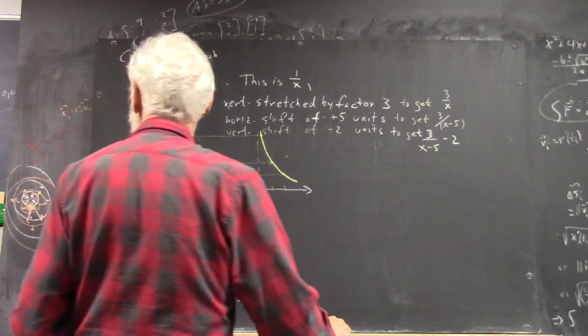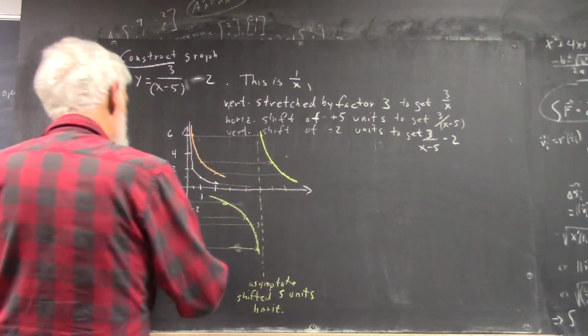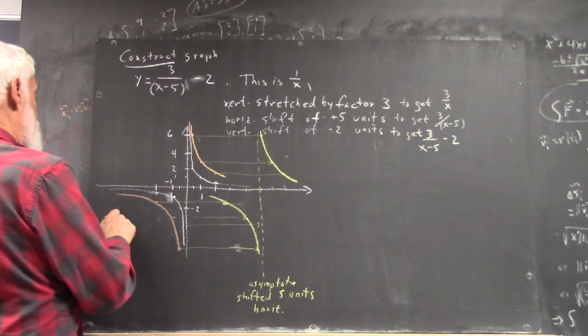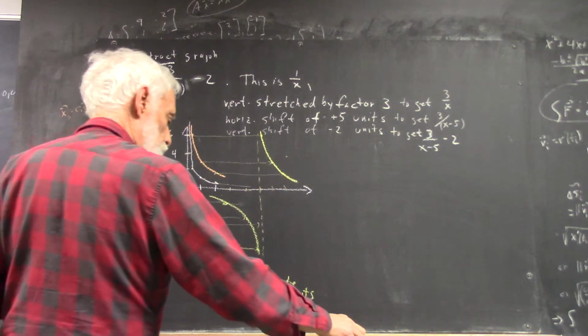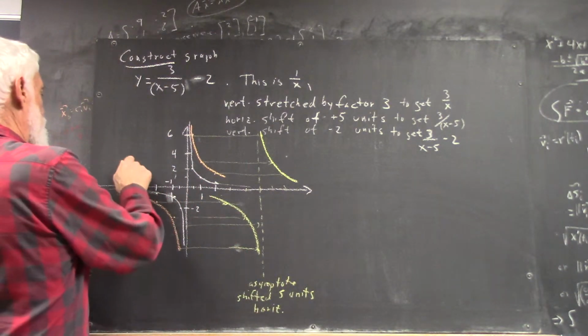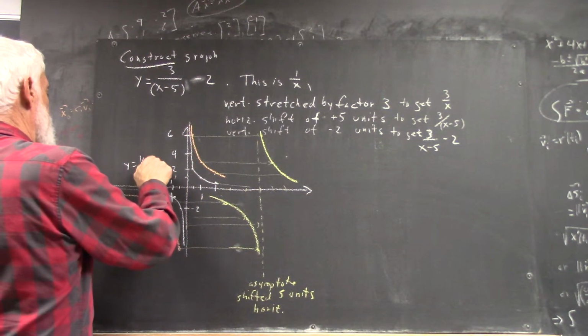So, in orange, I've got my graph of y equals 3 over x. In white, of course, I've got my graph of y equals 1 over x.